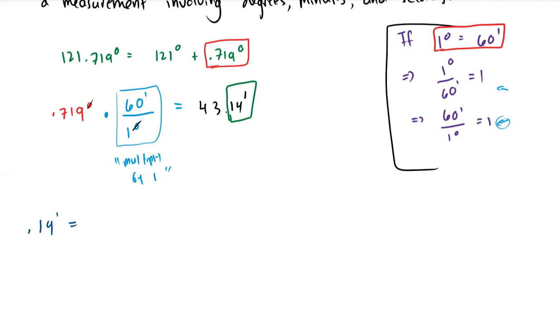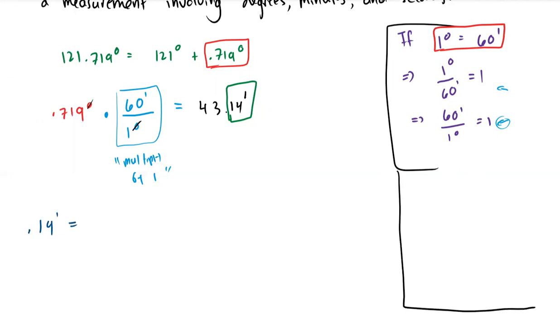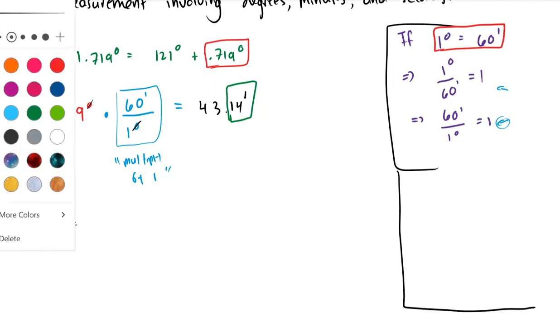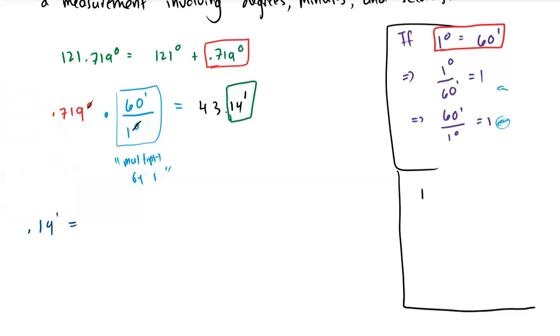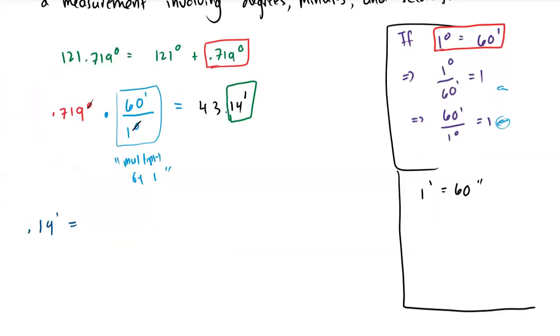Now we're going to do the same sort of conversion analysis here. We know that 1 minute equals 60 seconds. We have that from the previous slide. So for us, that means that 1 minute over 60 seconds is equal to 1.